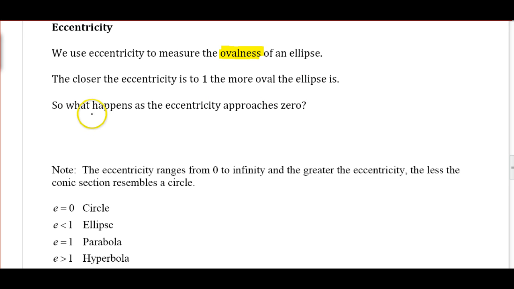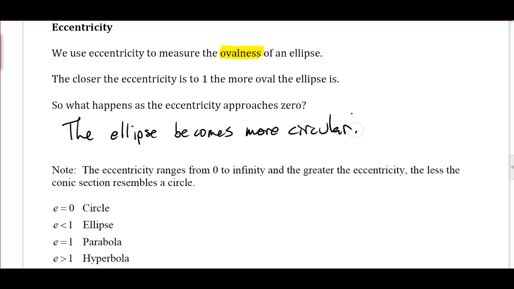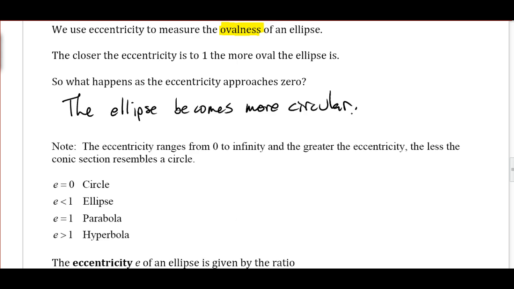Well, what happens is that the ellipse becomes more circular. And as we look at how to calculate eccentricity, this will probably become more evident to you.